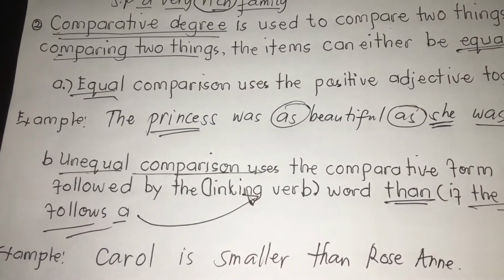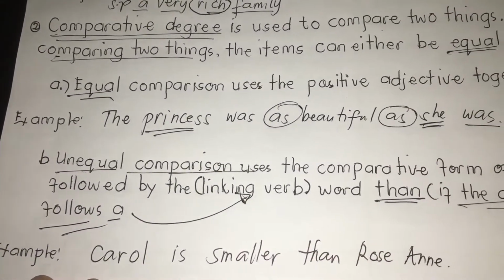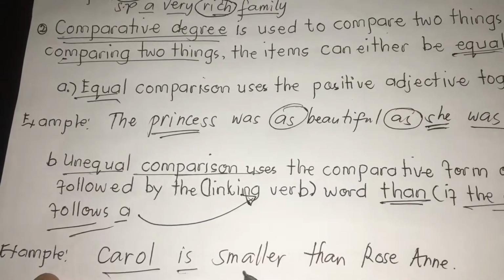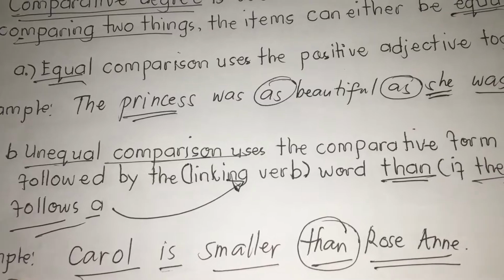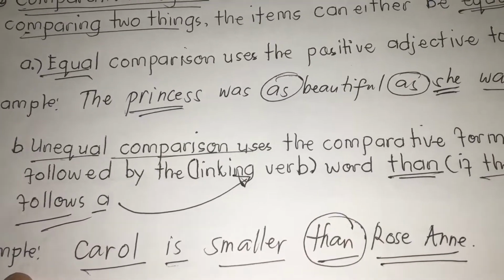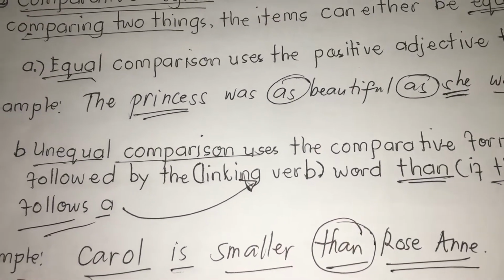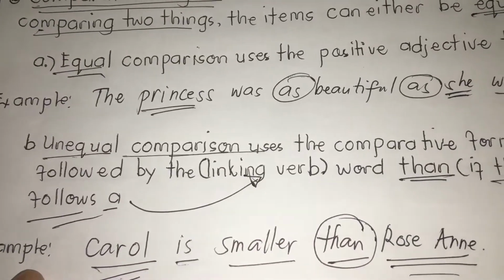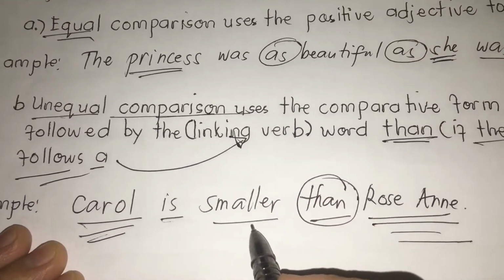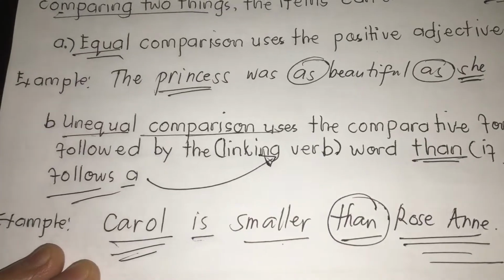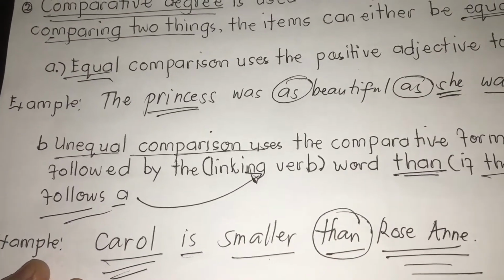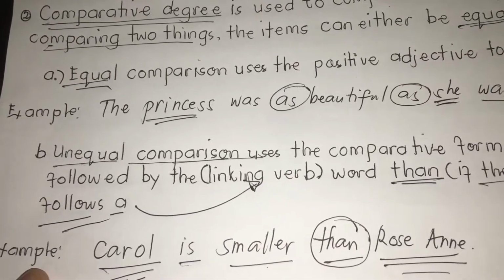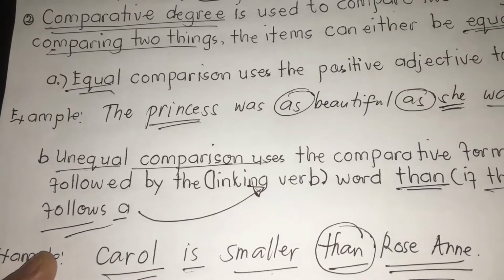From our sentence, Carol is smaller than Rose Ann. By using than, we compared Carol and Rose Ann unequally. Carol is smaller than Rose Ann, which means Rose Ann is bigger than Carol. That is an unequal comparison. It's what we call not the same.